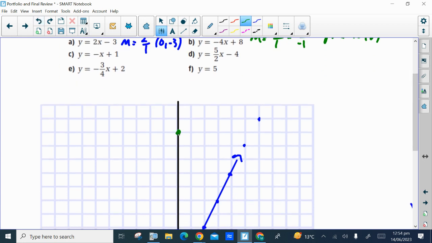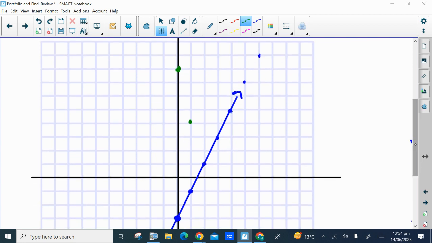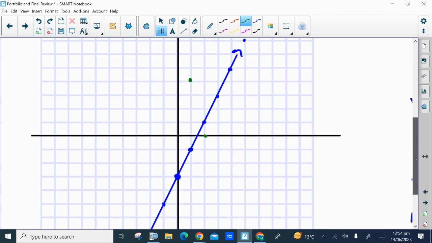is up here. And in this case, we don't really have room to rise +4, but we can rise -4 and run +1. That's the same as -4. Rise -4 and run +1.